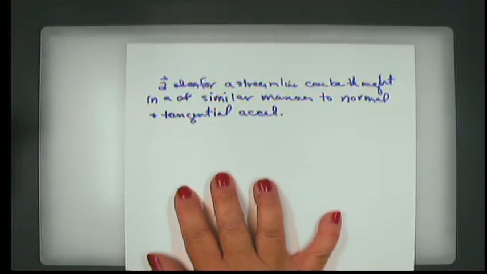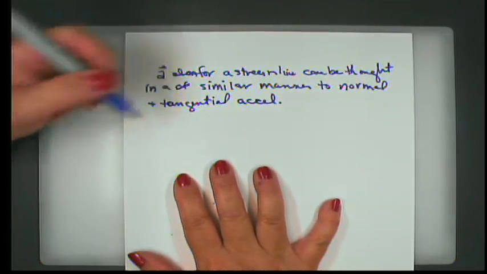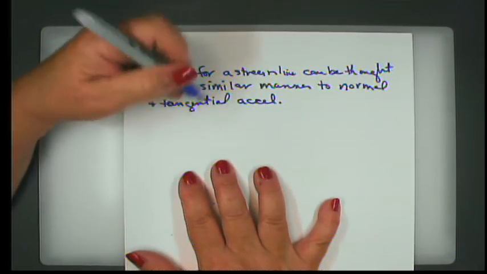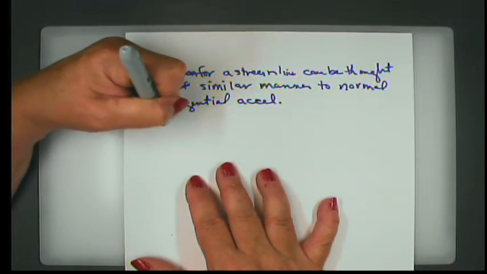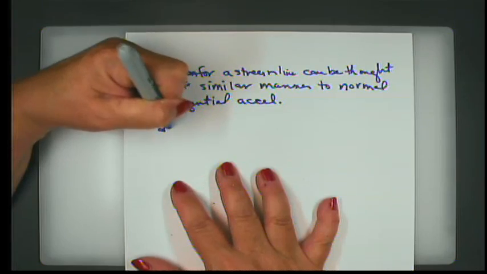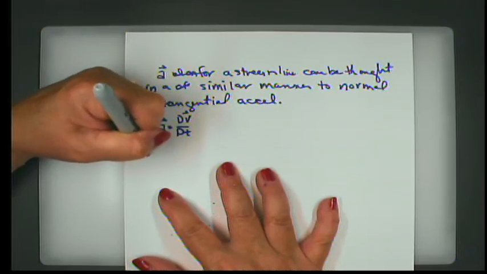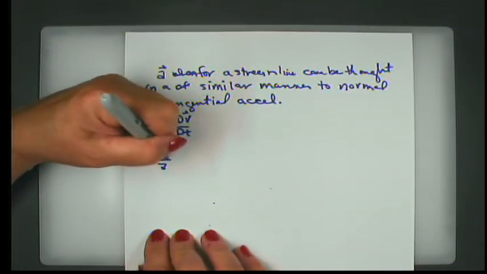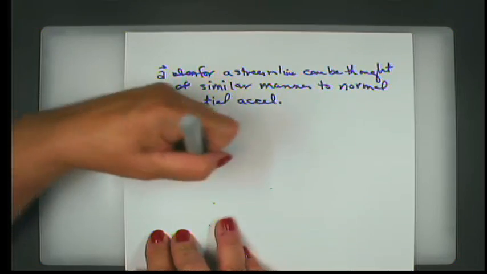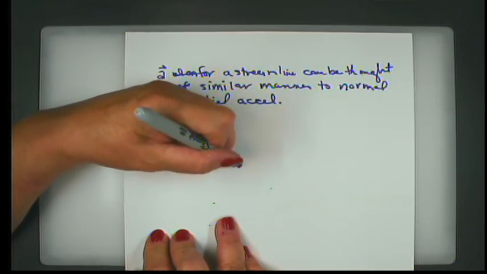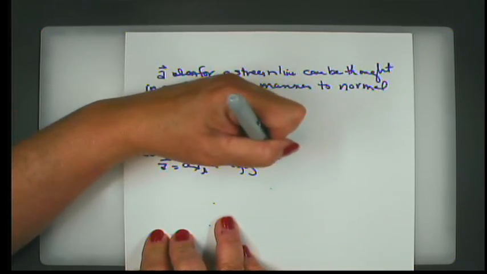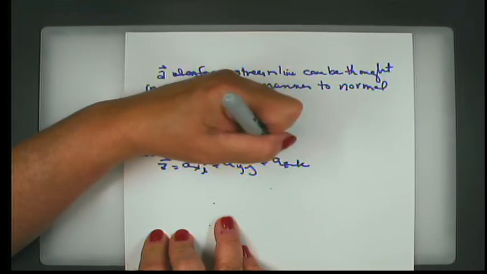Now, you remember when you were in dynamics or physics that we could define acceleration a couple different ways. We could say acceleration, first of all, we know it's dv dt. But if we're talking about Cartesian coordinates, we can say that acceleration is acceleration x, i, plus acceleration y, j, plus acceleration z, k.